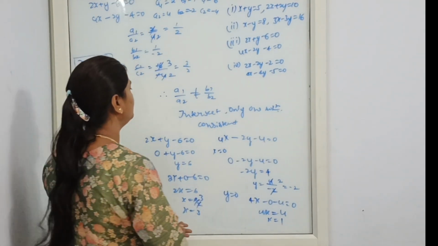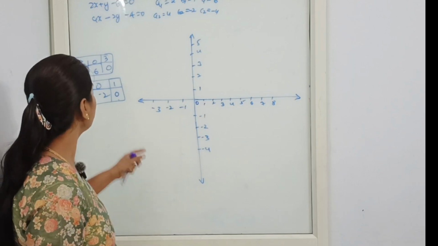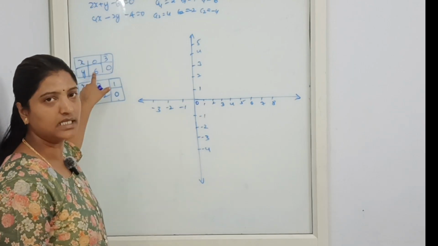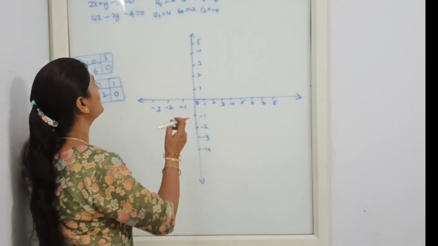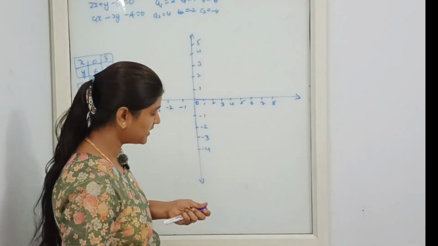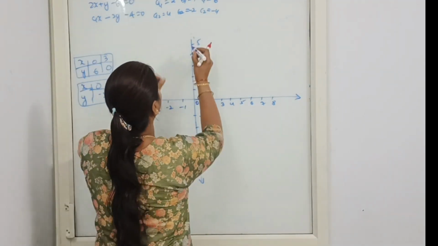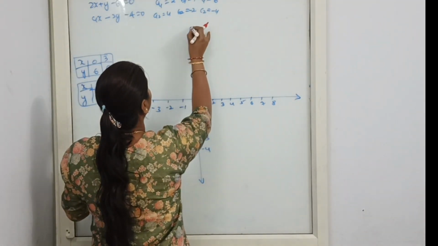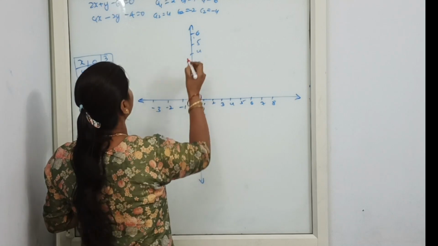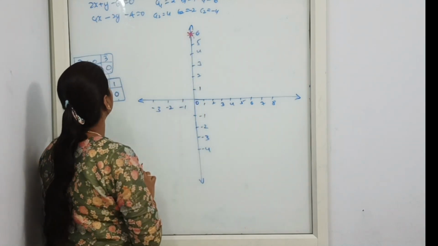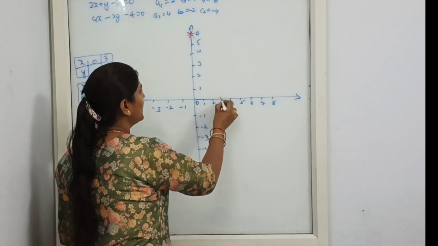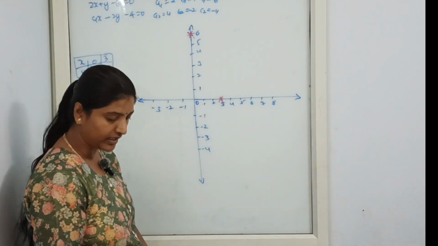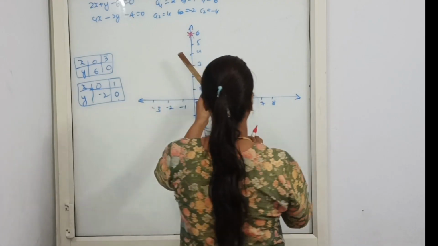This is the table. First one: if x is 0, y is 6. One coordinate is 0 means the point lies on the other axis, that is 6. This point lies on 6. If x is 3, y is 0, it lies on the x axis only. Join them.